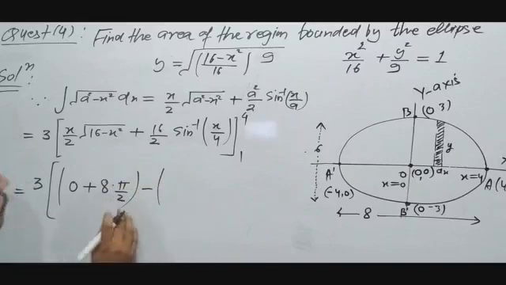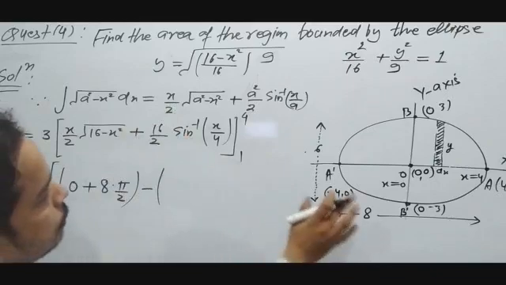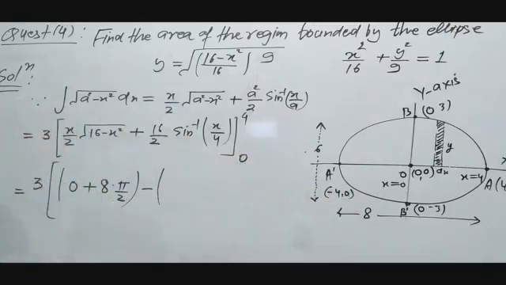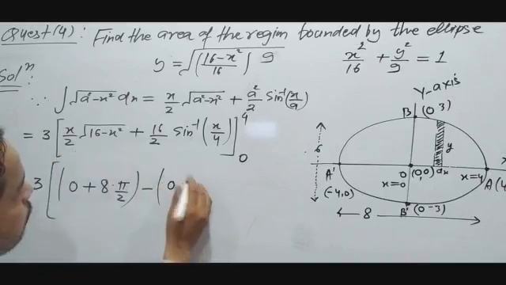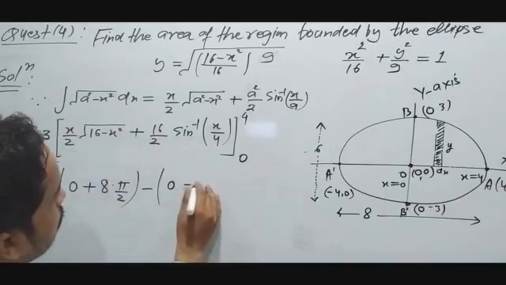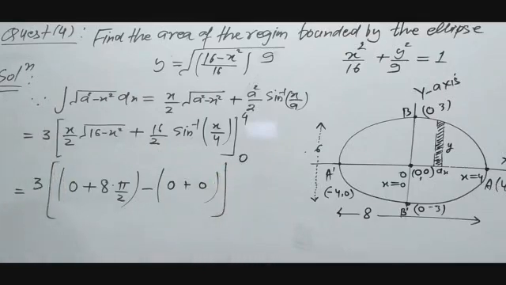After putting the upper limit, you will get 0 plus 8 times pi by 2. Now when you put the lower limit, x is equal to 0, not 1, so you will get 0 result. So this is the result after putting upper and lower limit.